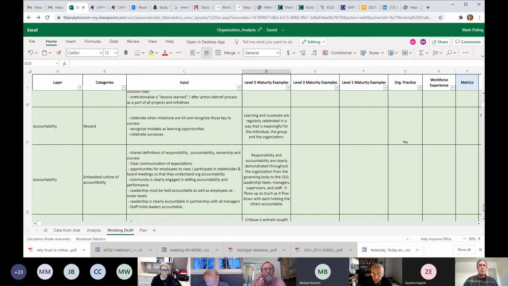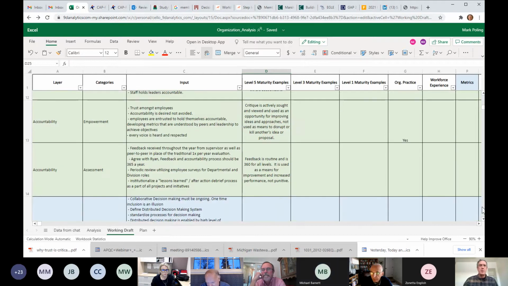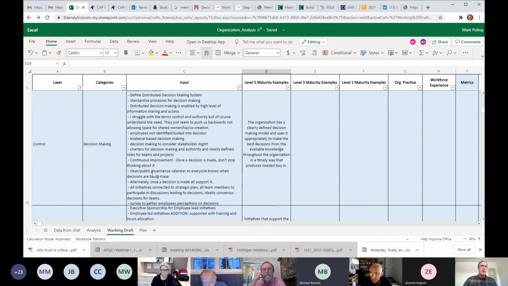Let me just give you perhaps 1 or 2 more examples in some different categories. So under the layer of control, the subcategory is decision making. We have lots of statements on decision making here. So there's certainly more level 5 maturity example statements that can come out of this, but we have defined distributed decision-making systems.